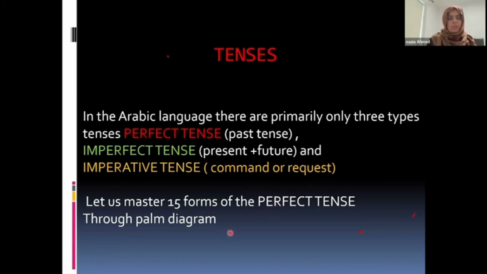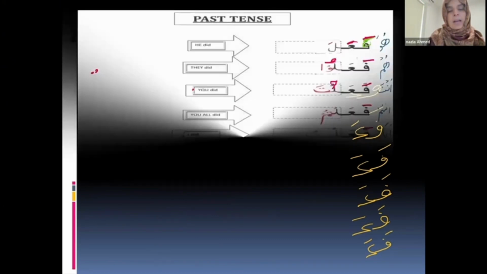So let's master 15 forms of the perfect tense. What you will be needing, I want you to take that sheet out if you have that sheet with you. And the mold we're going to use is fa'ala. So how would you define a past tense, a perfect tense?